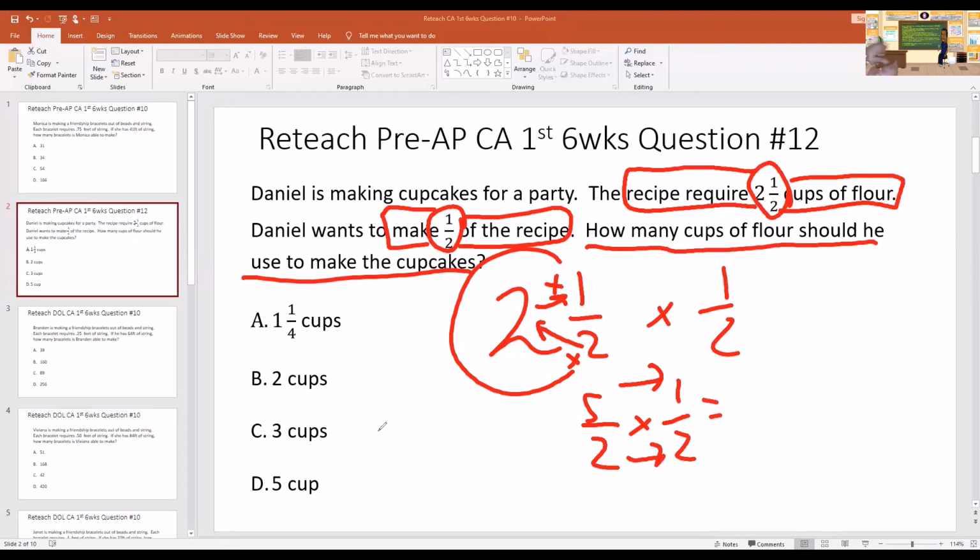And we will end up with 5/4. Now we need to convert this back to a mixed number. This is our denominator, this is our numerator. The numerator will go in the house. The denominator will go outside.